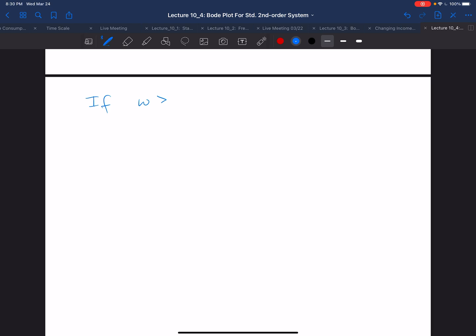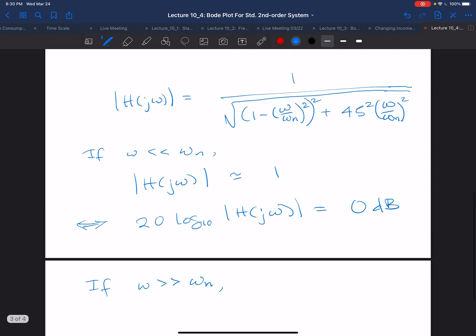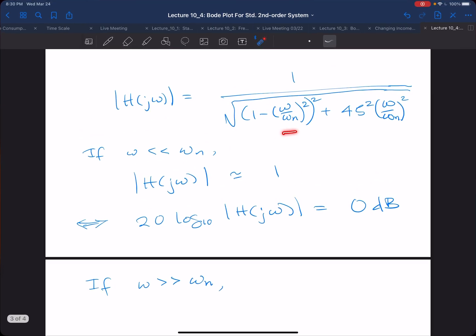What if omega is much greater than omega n? In that case, this (omega over omega n) squared will be much greater than 1, so we'll be able to neglect this 1. So we'll have (omega over omega n) to the 4th.